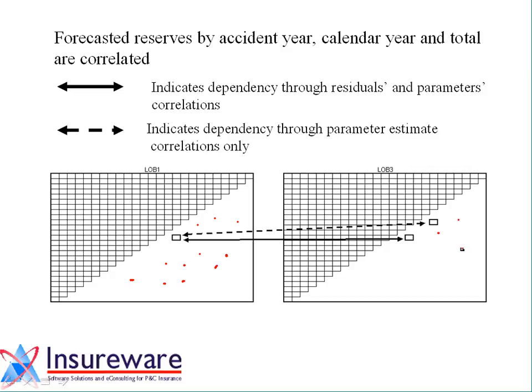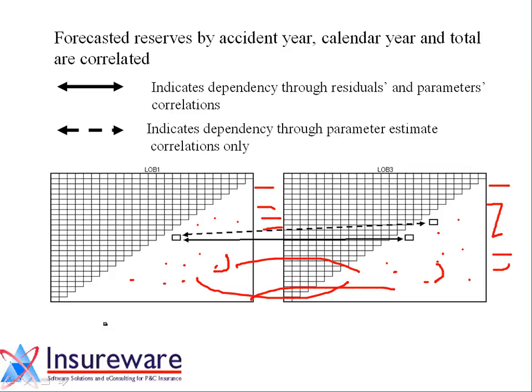Here, we're producing lognormals for each line of business, but now the correlations are not just within triangles, you've got correlations between triangles. These correlations between all the cells are induced by the parameter correlation, and the process correlation also induced correlations between the accident years, these calendar years, and these corresponding calendar years, and the distribution of the aggregate reserve for that line and the distribution for the aggregate reserve of that line.